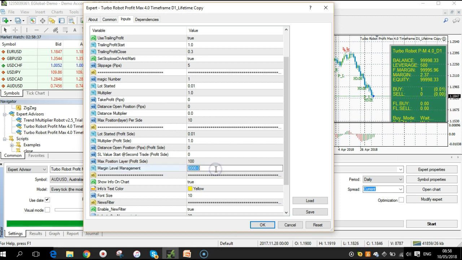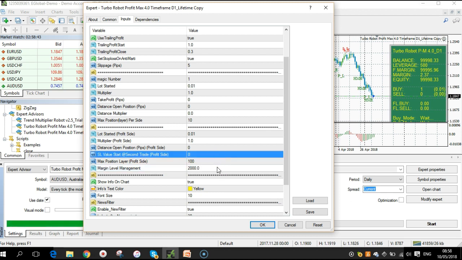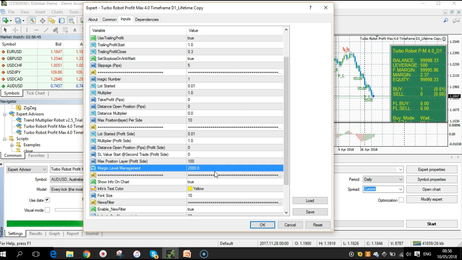This one is up to you. The margin level management will stop you from opening new trades if you reach this level. If your margin level is less, it will be stuck there, all right?